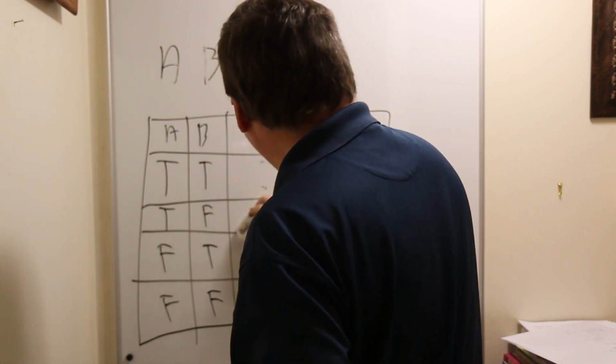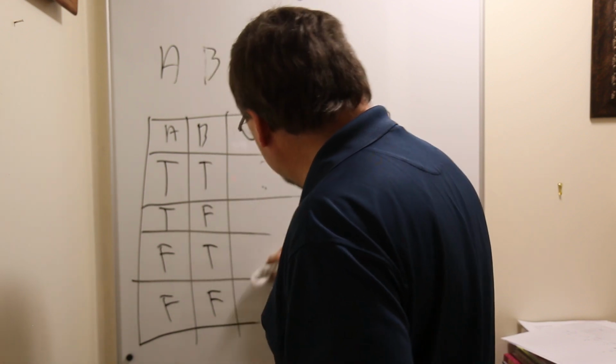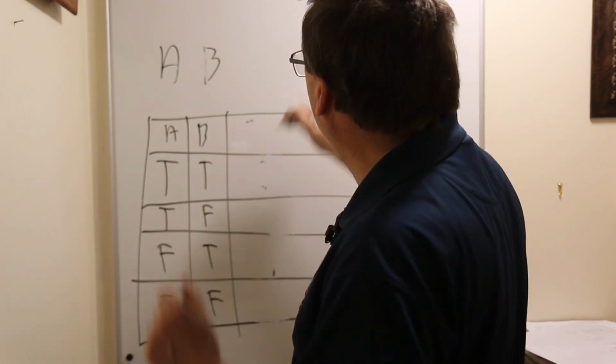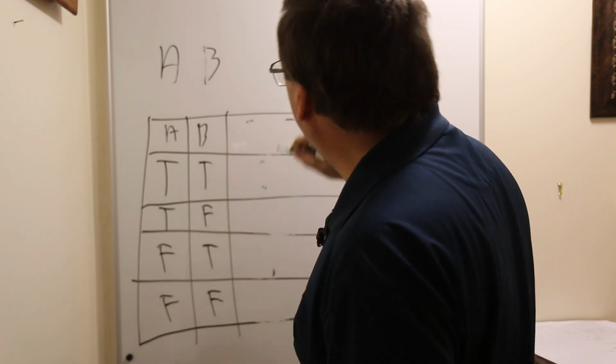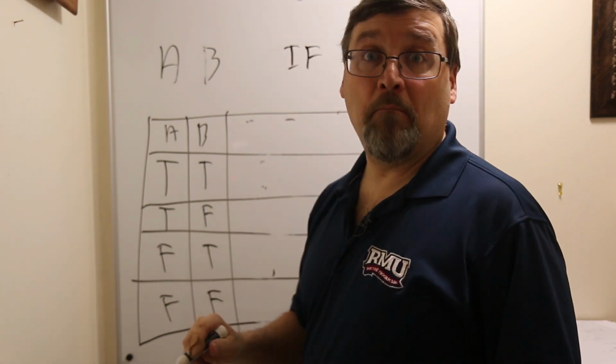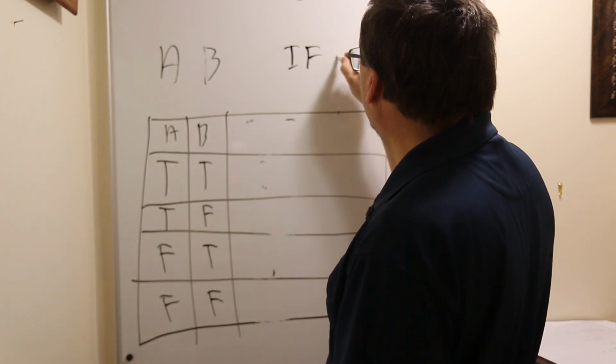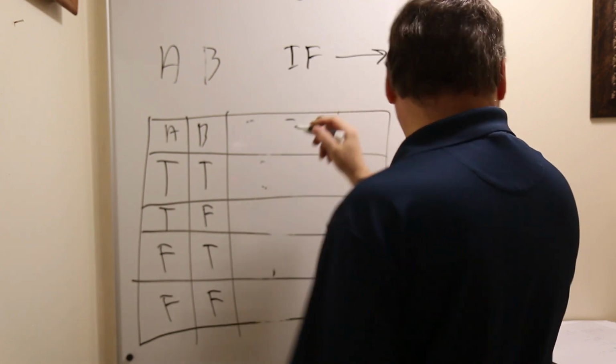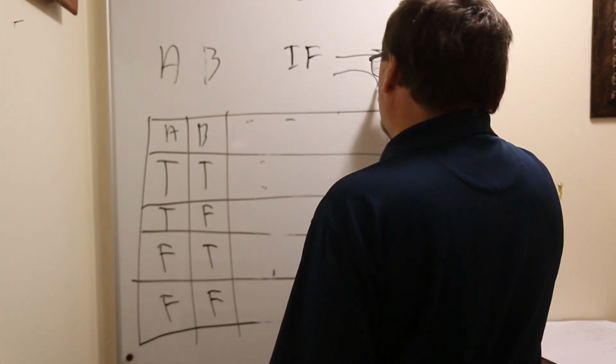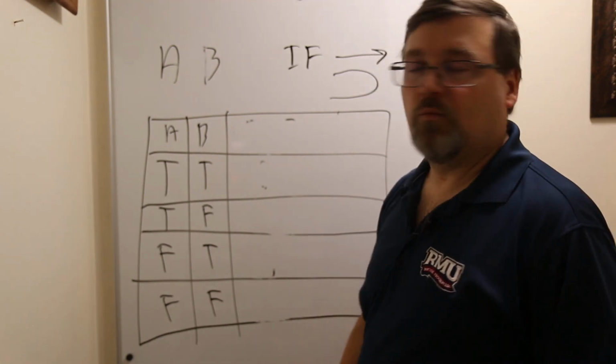Now, the last double one is going to be IF. And we can say implies. You can see that as an arrow, or you can see it as a loop that goes this way.